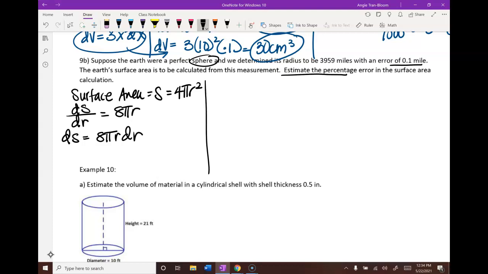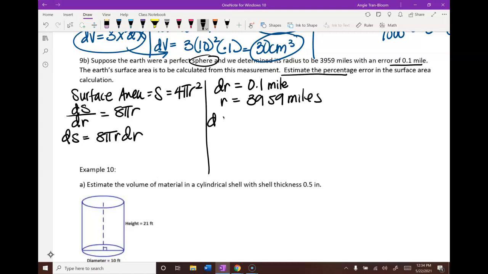You guys, it says we have an error of 0.1 of a mile. So dr is the change in the radius. And the radius is going to be 3959 miles.